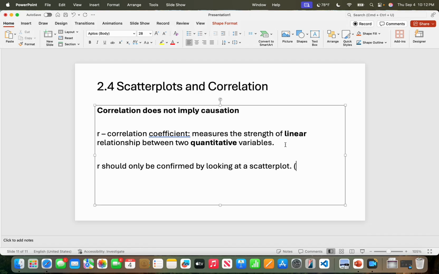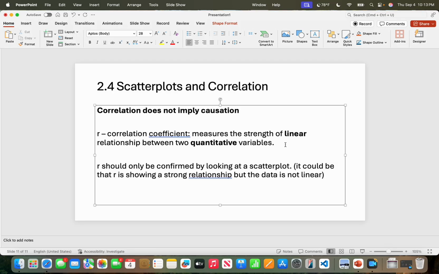And we'll put in parentheses here, it could be that R is showing a strong relationship, but the data is not linear. So, in other words, R is the way we calculate it, and the good news is we're not going to do it by hand because it's honestly a nightmare of a process.